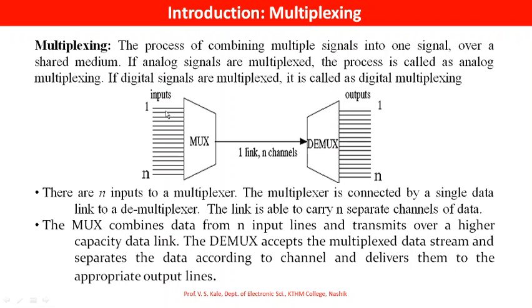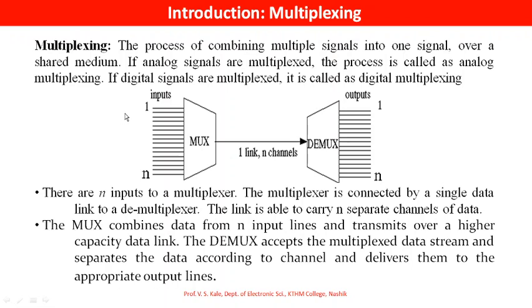There are a number of inputs to the multiplexer, represented by 1 to n. Those data are multiplexed and sent through a single link, and those are received by the demultiplexer, and the demultiplexer again separates them. Those are represented by outputs from 1 to n.